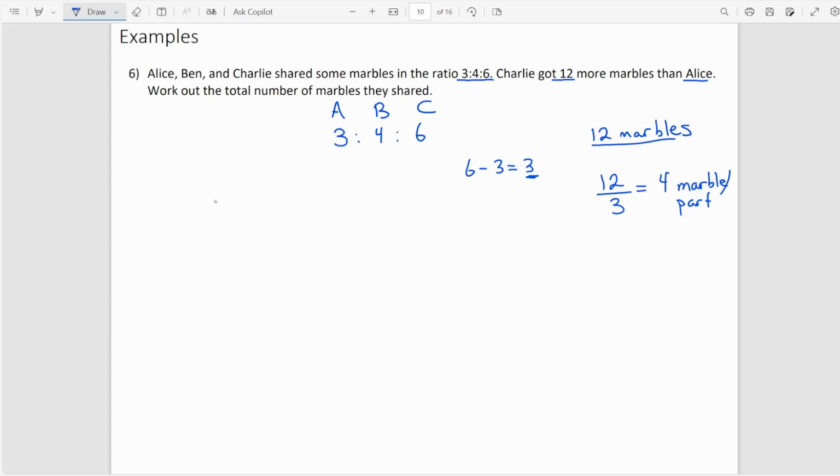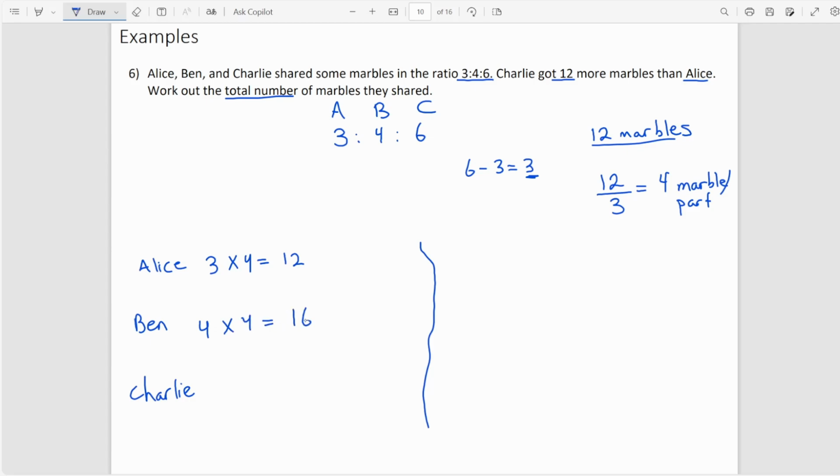So now, what is the total number of marbles? You can do this in 2 ways. I will do that in both ways. The first way is to just find how much Alice got, and Ben, and Charlie. Now for Alice, 3 parts, each part represented by 4, so 12. For Ben, 4 parts, each part represented by 4, so 16 marbles.